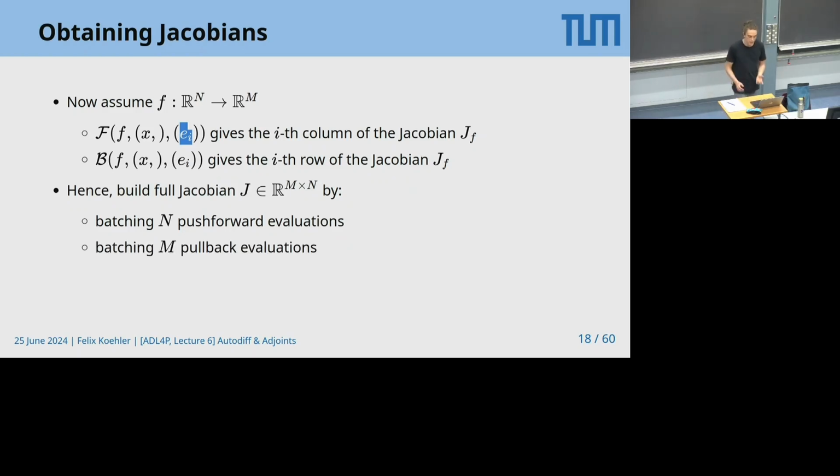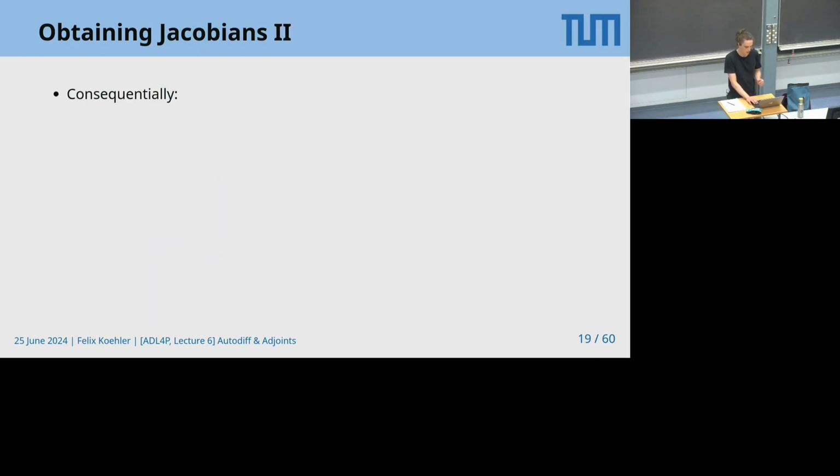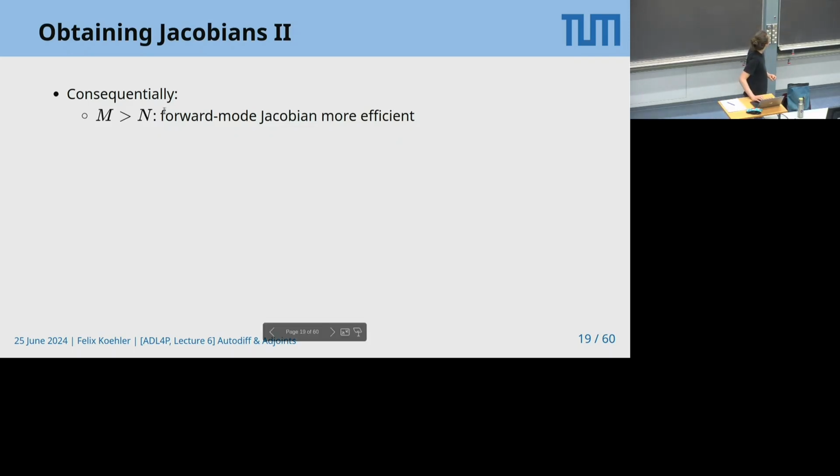And now the crucial insight comes into play. If we have a compute graph where we have a few inputs and many outputs, so m is larger than n, then forward mode is more efficient because we have a lot of rows but only a couple of columns.